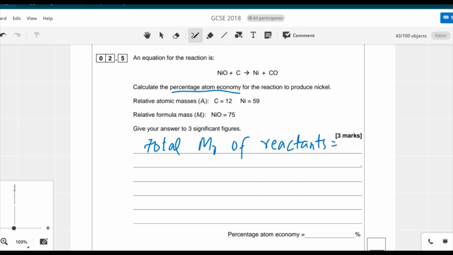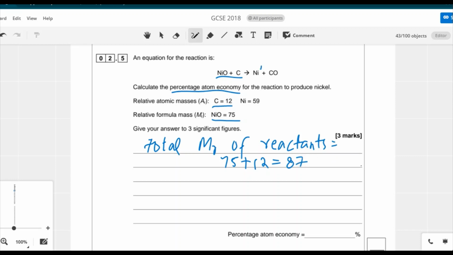Here the reactants are nickel oxide and carbon, where nickel oxide is 75 and carbon is 12. So 75 plus 12 equals 87.